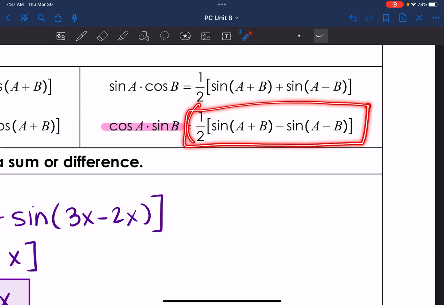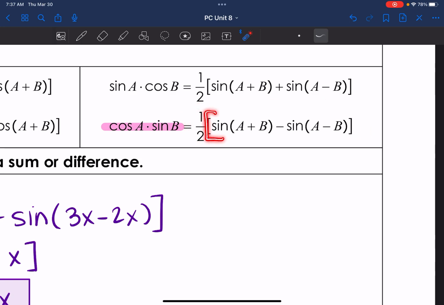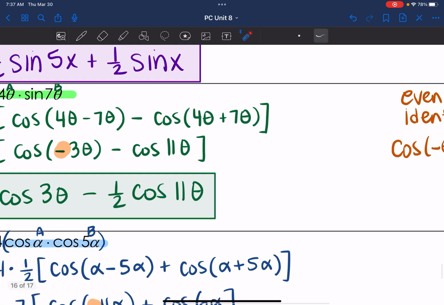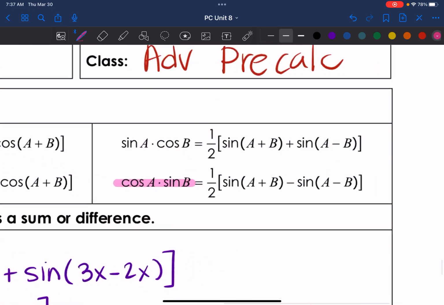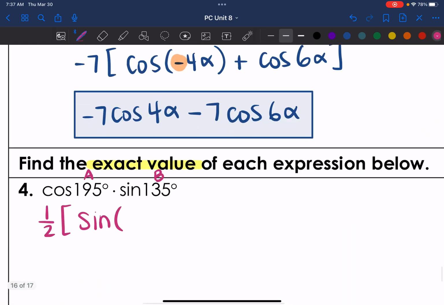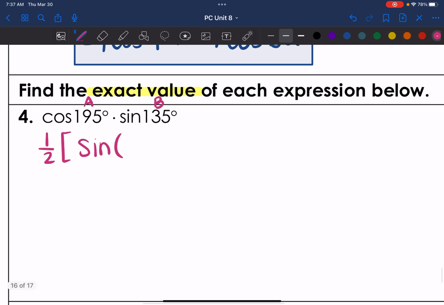So it starts with 1/2 square bracket of sine A plus B. So for us, A is 195 and B is 135. So 1/2 square bracket of sine, I already forgot, let me look, of sine A plus B. So 195 plus 135.